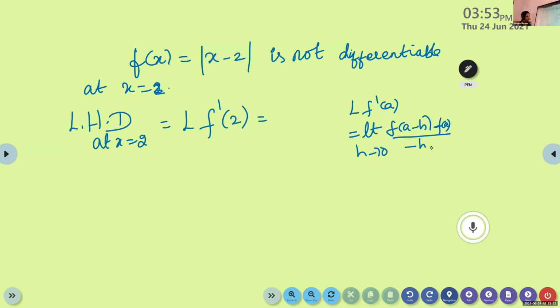So what will be f dash of 2? We can write this as limit h tending to 0 of f of 2 minus h minus f of 2 by minus h.